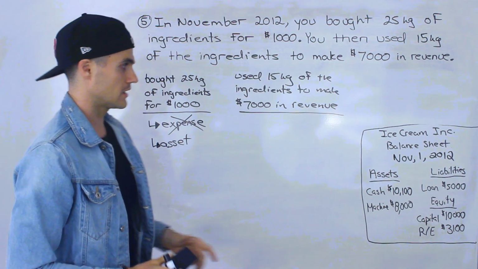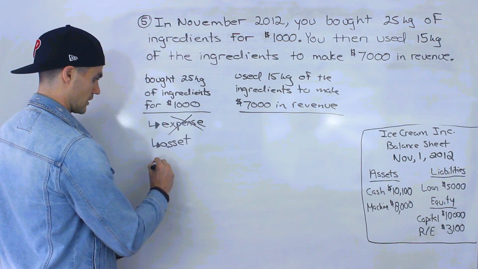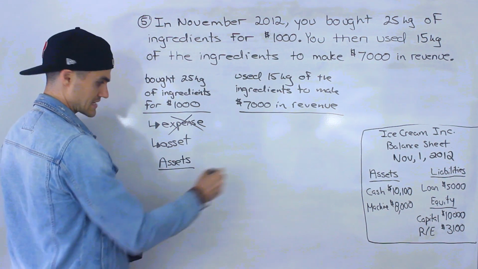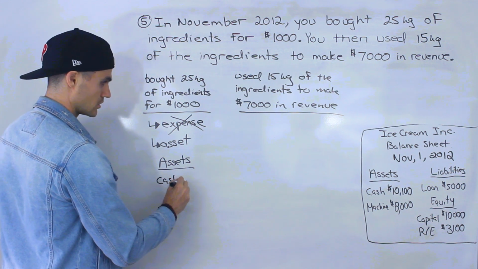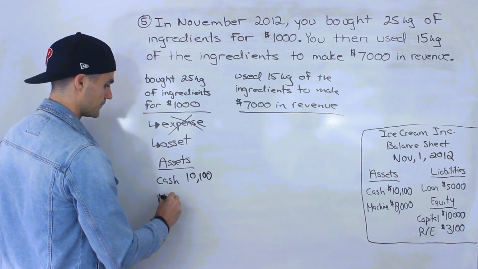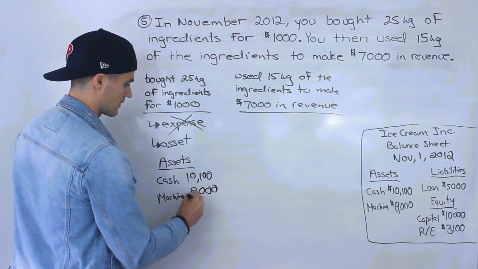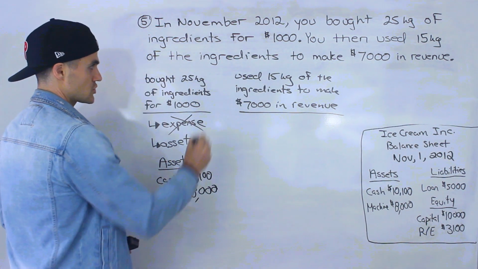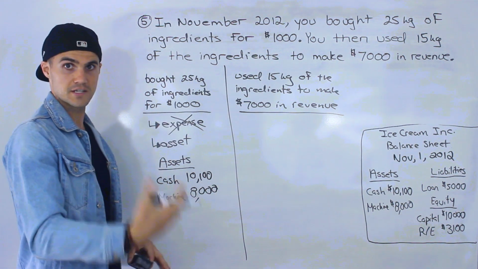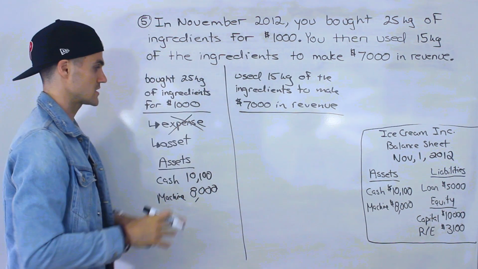If we go back to the balance sheet at the beginning of the period and redraw the left side, we'll have cash of $10,100, and then the machine for $8,000. What happens after this transaction is that we're spending $1,000 cash. Remember, all of the transactions in this fifth scenario are cash transactions.